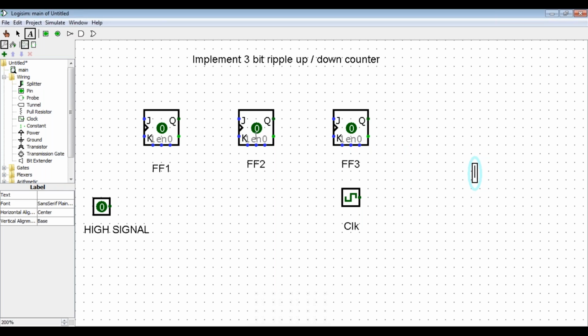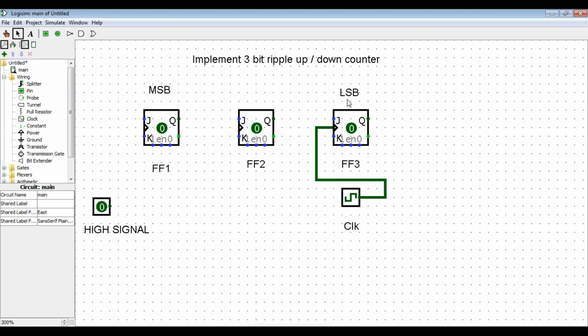Next we are going for the connections. Just listen carefully. First, I am going to give my clock pulse to my third flip-flop, because I am considering this one as the LSB, the least significant bit, and this flip-flop as the MSB, the most significant bit.